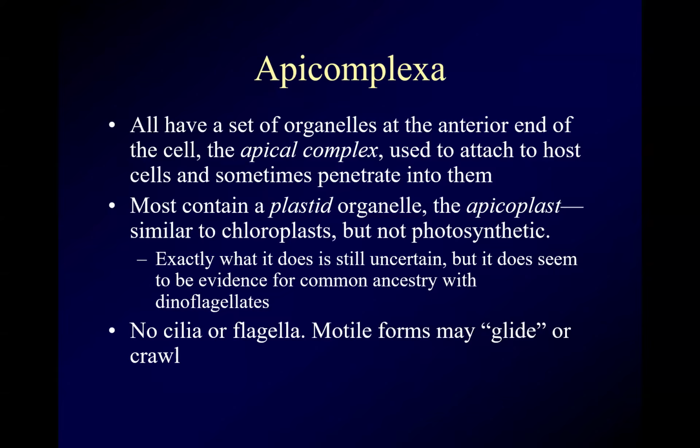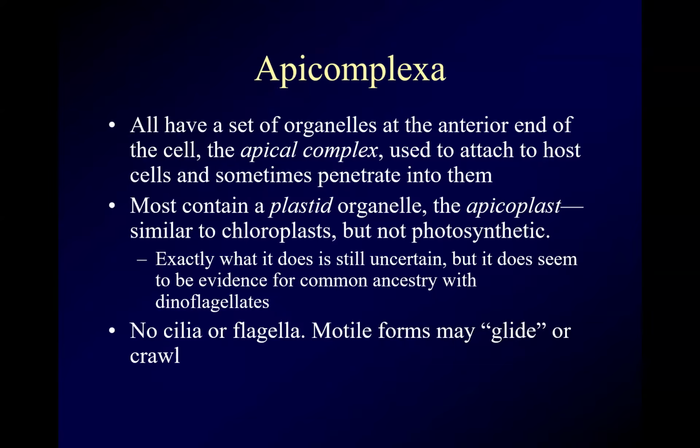Apicomplexans are all parasitic. They've got the apical complex, and most contain an organelle that looks like a chloroplast but isn't. It's called the apicoplast. Since apicomplexans spend most of their lives essentially in darkness, they don't photosynthesize.